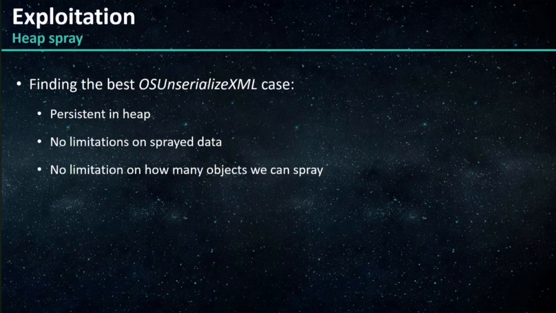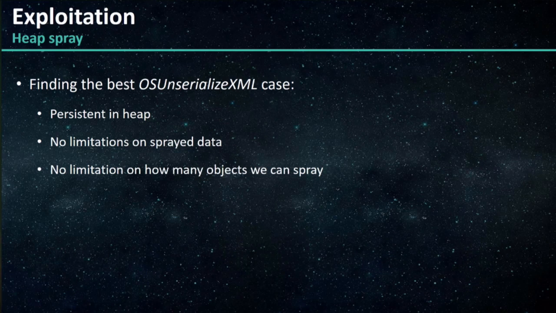And now, for those of you who are not familiar with iOS spraying, there is a very common kernel heap spray in iOS and OS 6 as well: IO unserialize XML. You just give an XML to the kernel and it unserializes the XML object, which, by the way, had a very interesting vulnerability, I think last year.